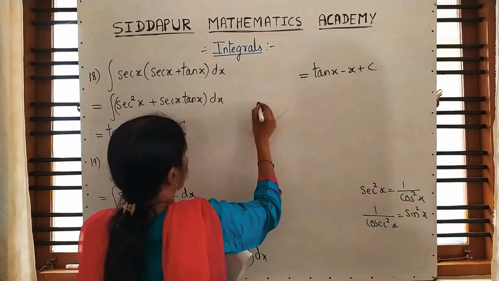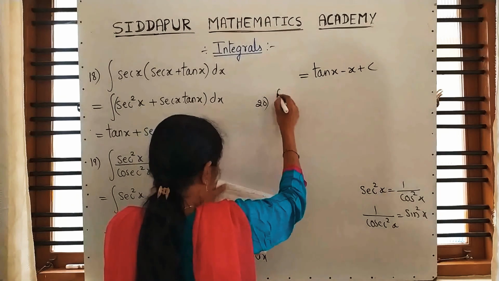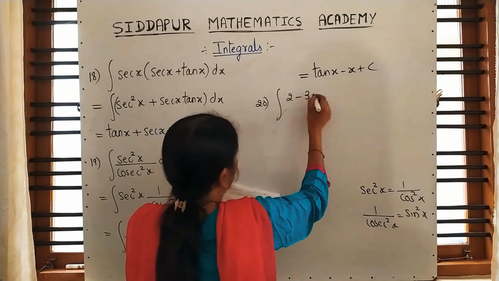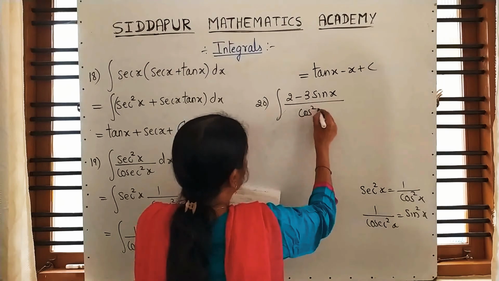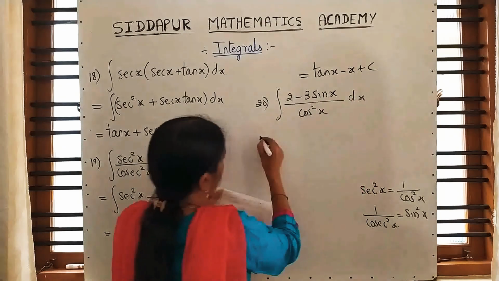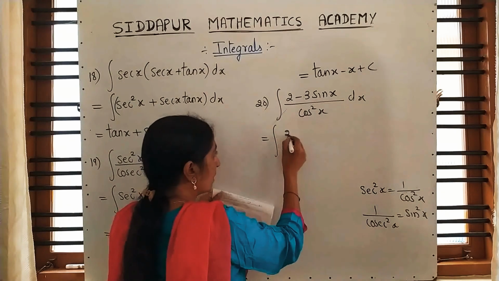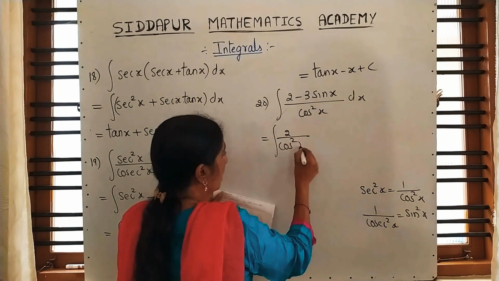Moving to the next question, question number 20. 2 minus 3 sin x divided by cos square x. Here we don't have the u by v method, but you can write like this.